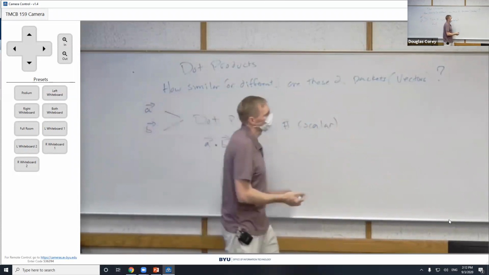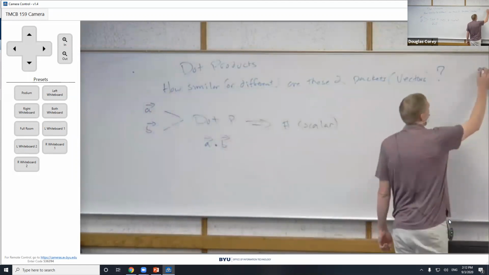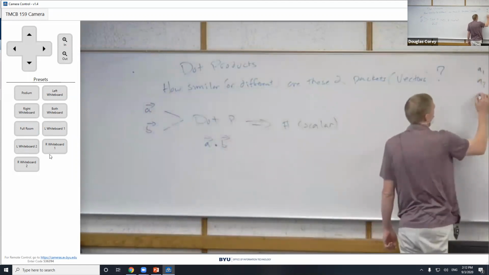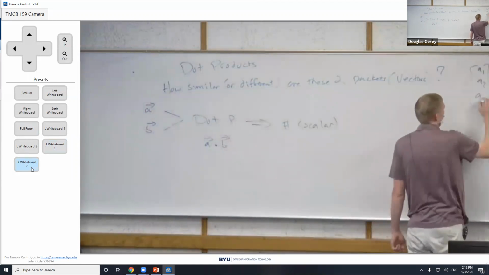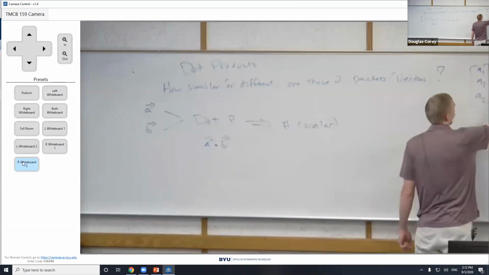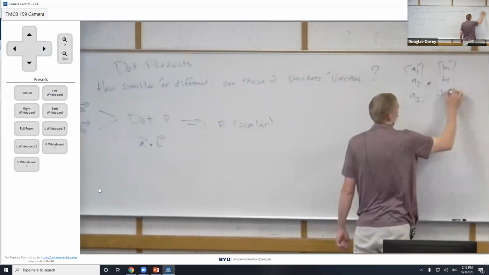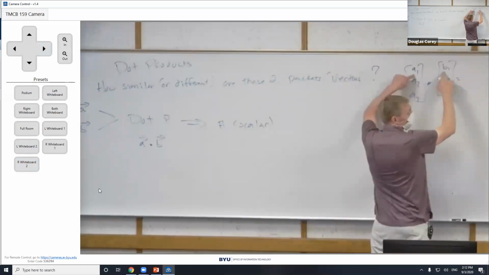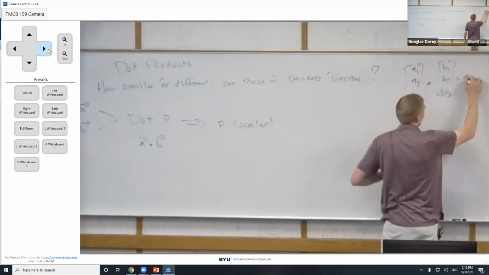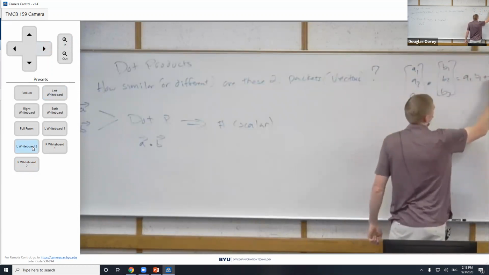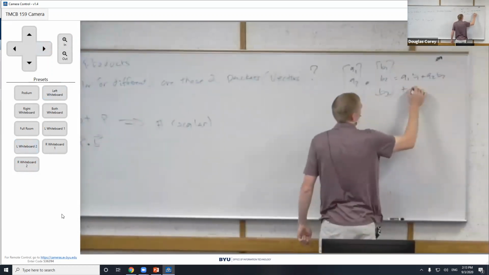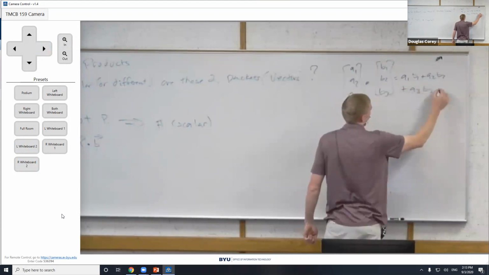The procedure for doing that is you multiply the corresponding components and you just add them all up.